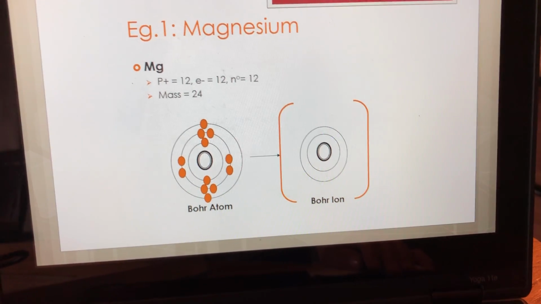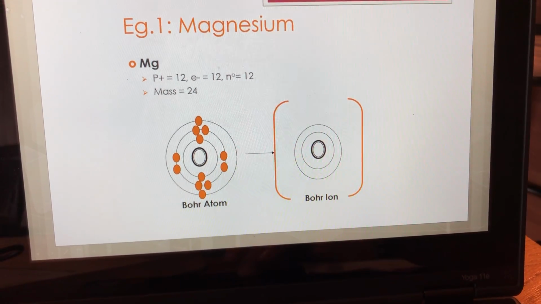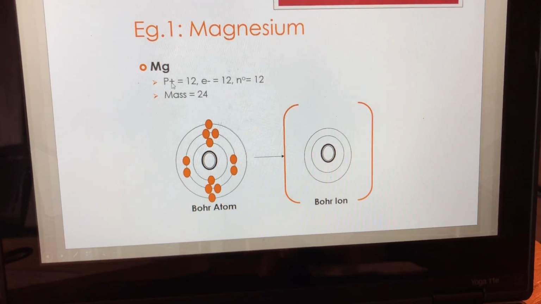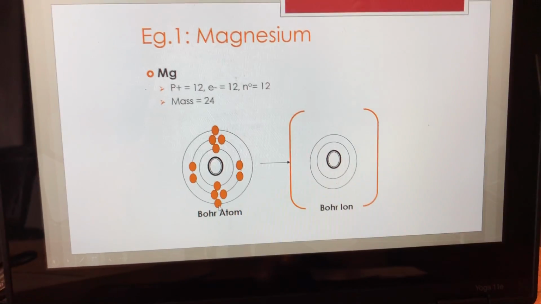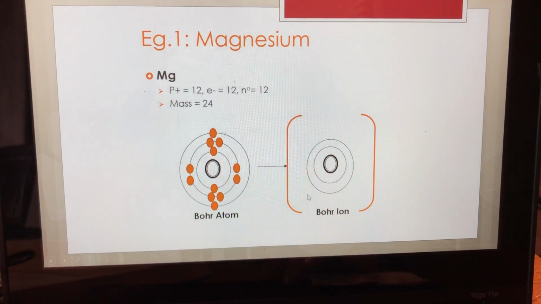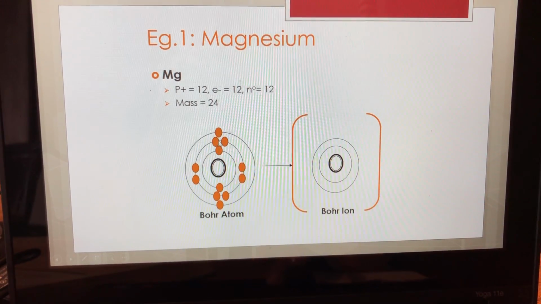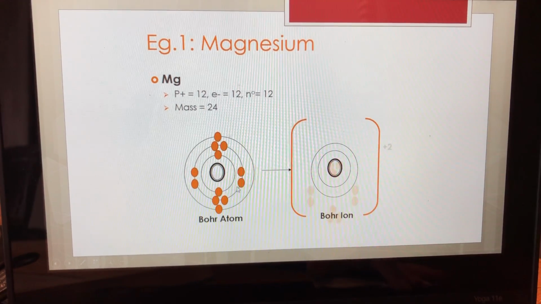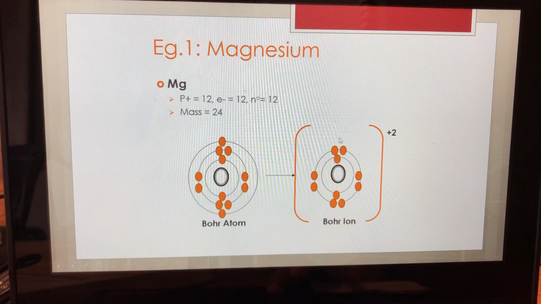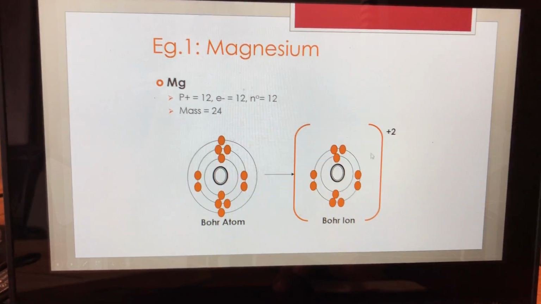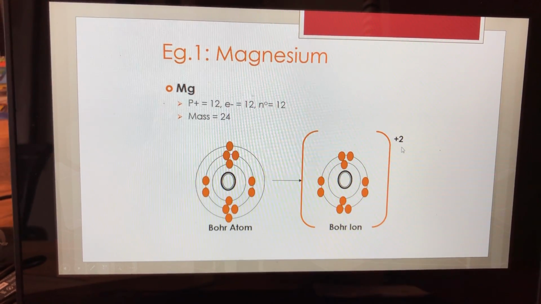If we had to draw the Bohr ion, these 2 electrons on the outer shell would leave, and you would be left with the shell right below it, which has 8. That's shown here. And because the 2 electrons left, the charge is +2.